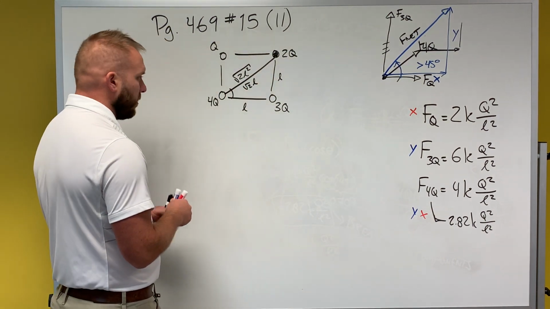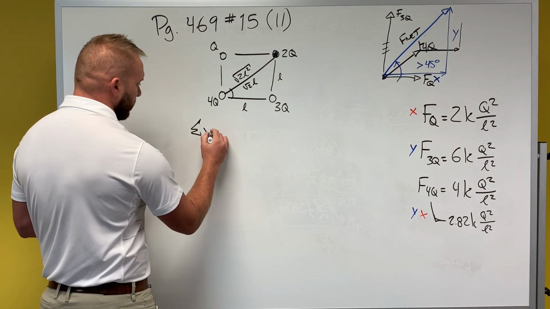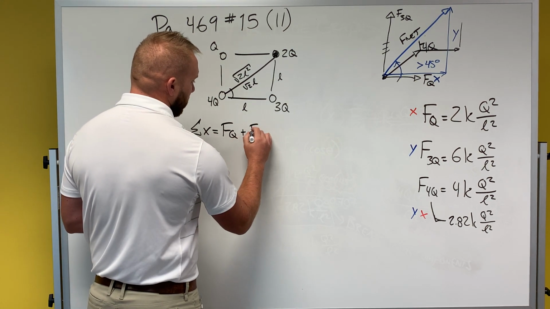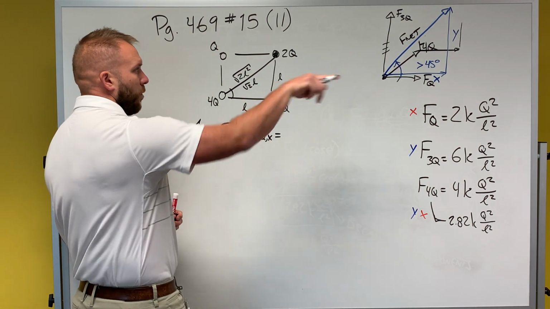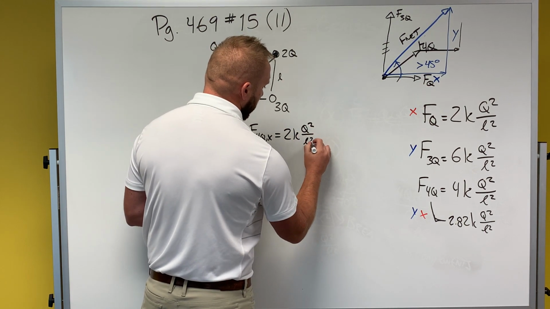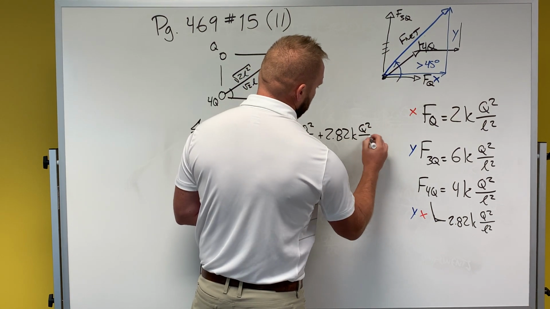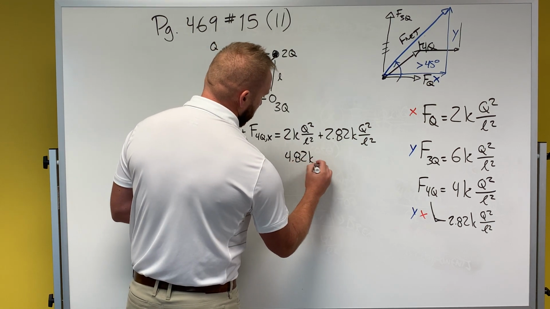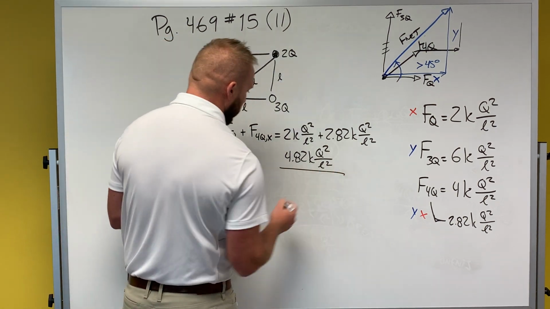So putting those together, the sum of the forces in the x direction is going to be Fq plus F4Q in the x, because they're both pointing in that direction, which is going to be 2k q squared over L squared plus 2.82 k q squared over L squared. Those go together, 4.82 k q squared over L squared. So that's my x component.